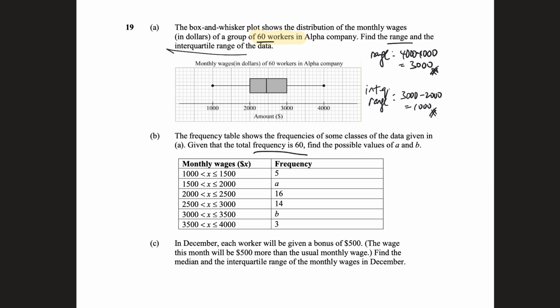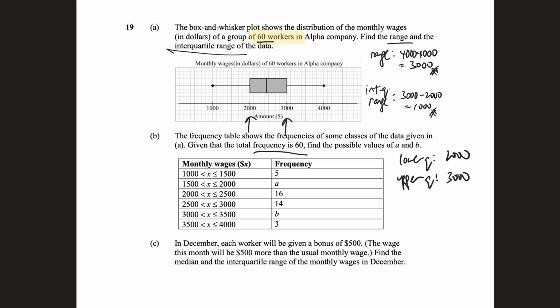We don't really know any numbers, except we do know the upper and lower quartiles. That one we can actually do. The lower quartile is 2000, which is here, and the upper quartile is 3000, which is here.